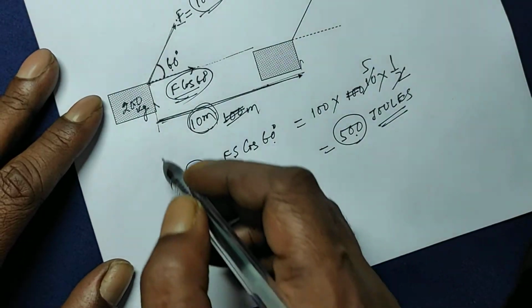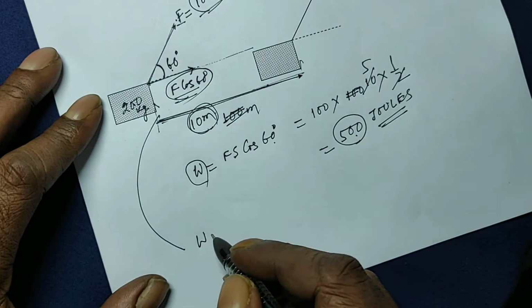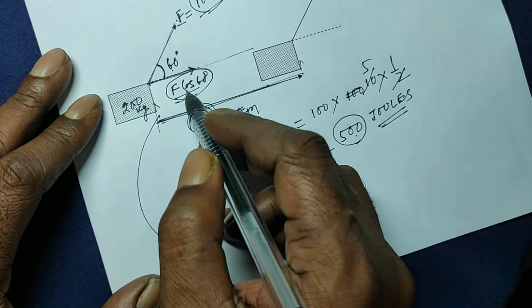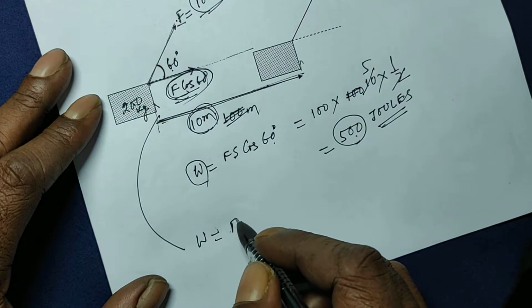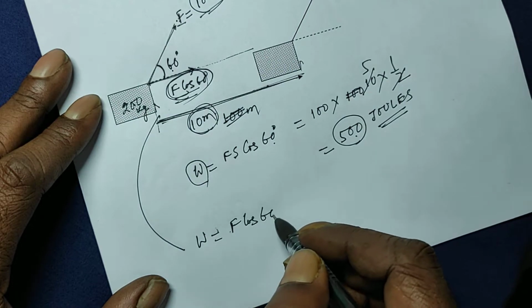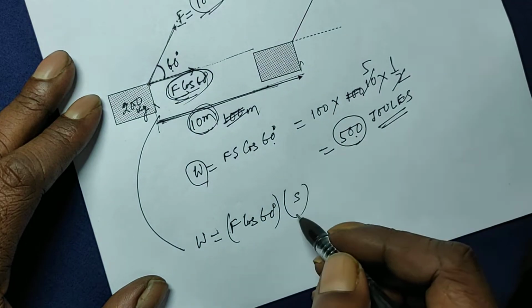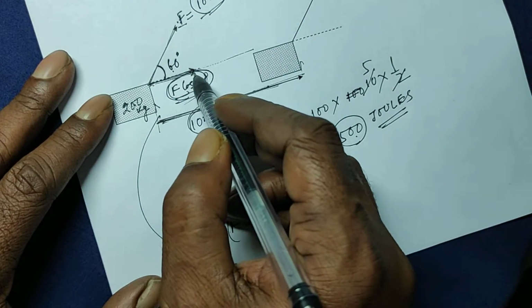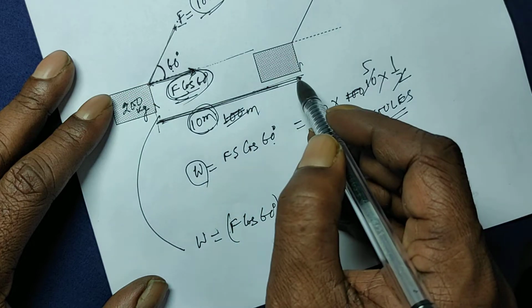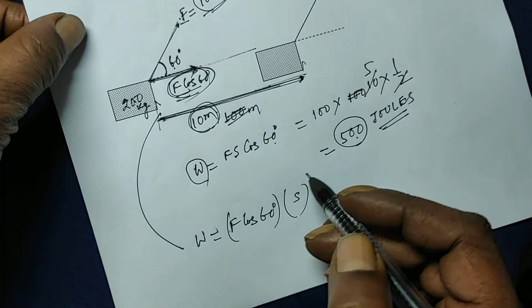So you can interpret it this way: work done is equal to the force, that is F cos 60, times the displacement, and the angle between this force and this displacement is 0.